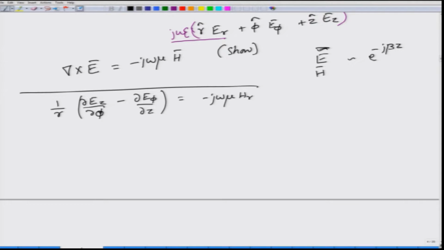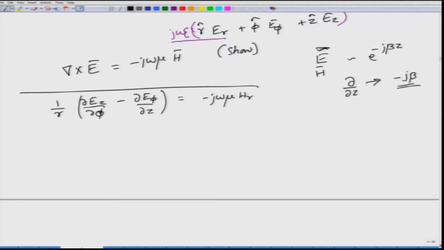They are characterized by a certain propagation constant e power minus j beta z. Therefore, when you take del by del z here, right, on the z dependence, what you are doing is you are simply pulling out this minus j beta. Just as for the phasor e power j omega t, you took del by del t and pulled out j omega, here you are pulling out minus j beta.